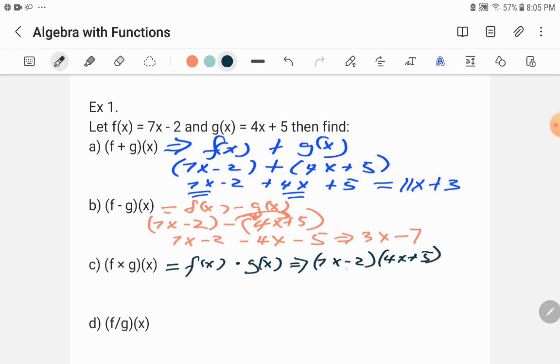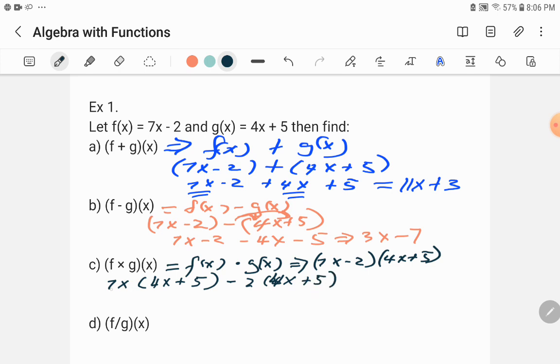So here I'm going to do it using the distributive property. So we could say 7x times 4x plus 5, and then minus 2 times 4x plus 5.